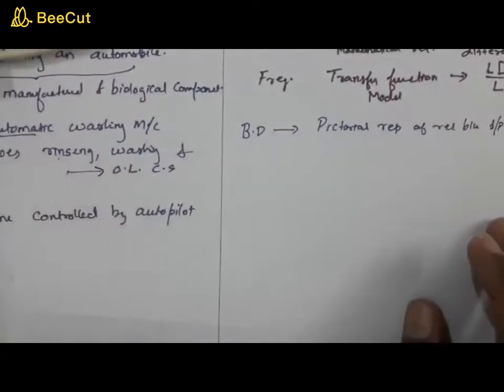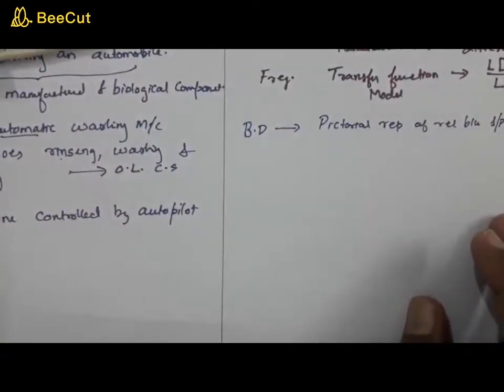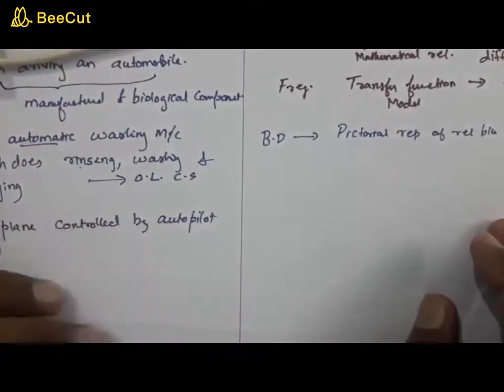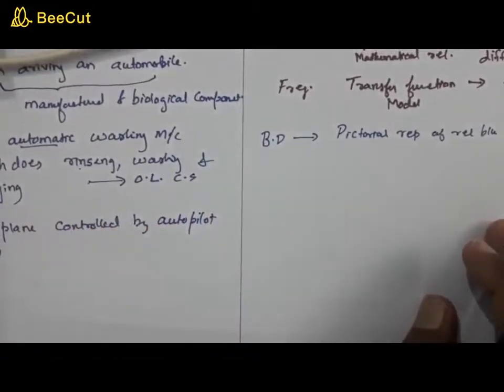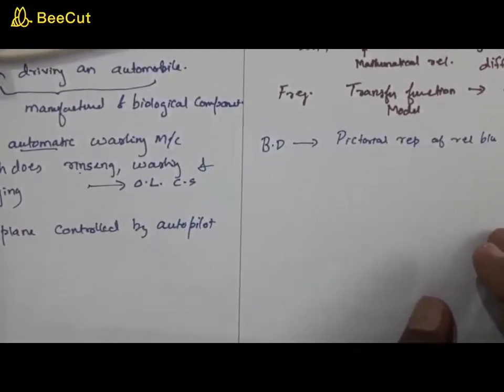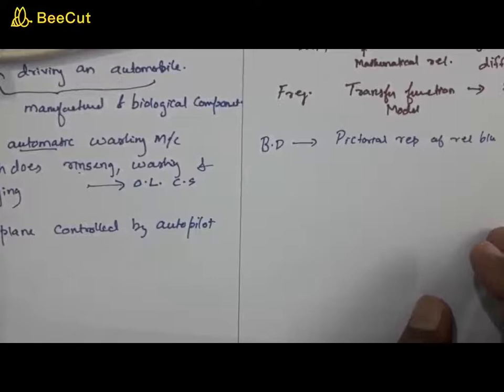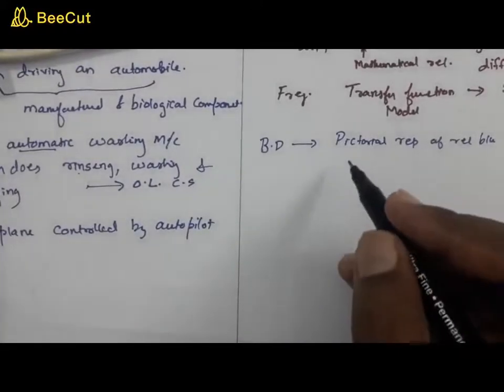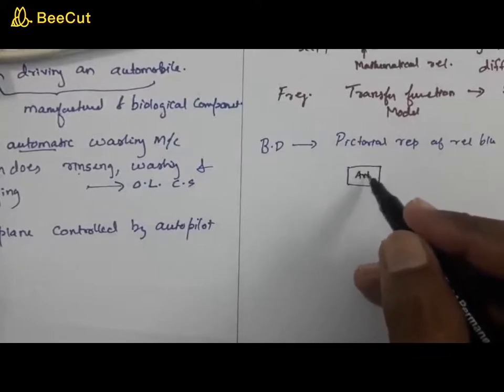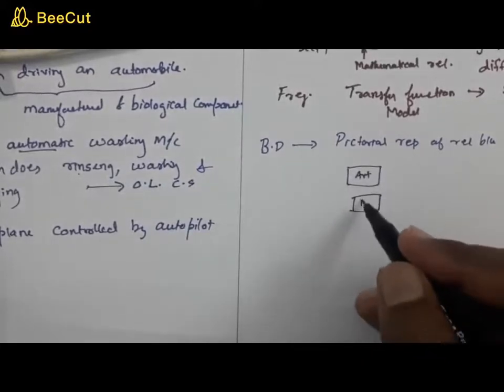Say for example, I've given you an example of an automobile, a person driving an automobile. I told you that is a control system consisting of artificial components as well as biological components.